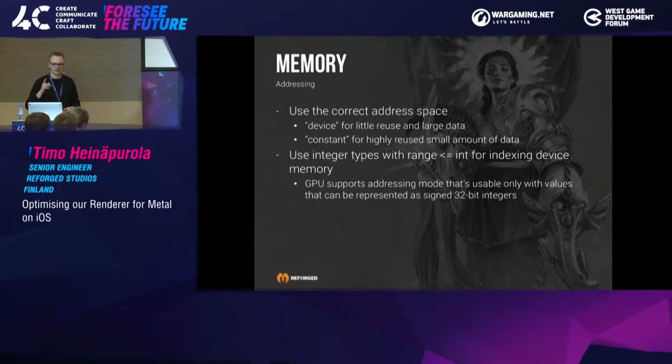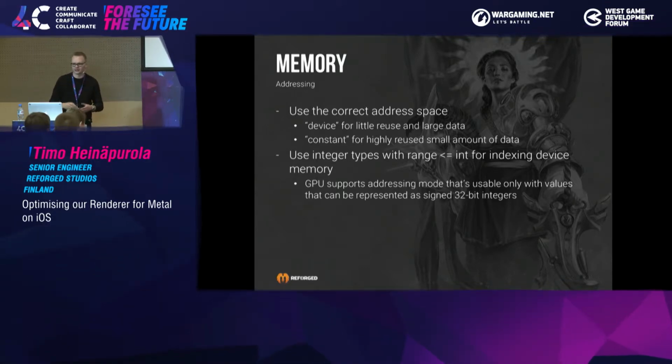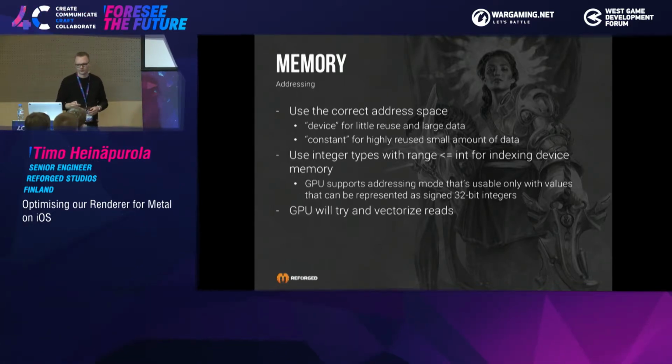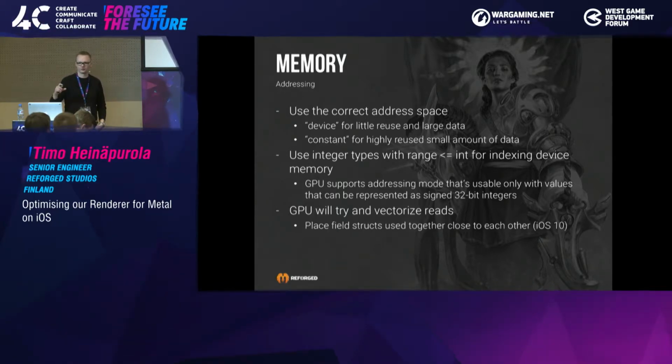But that needs to be a signed 32-bit. So if it cannot fit that value range, it'll need to manually compute the address, which is slower. Also, GPUs try to vectorize the reads. So if you have a structure with two fields that you're using in a loop, you should place those fields close to each other.